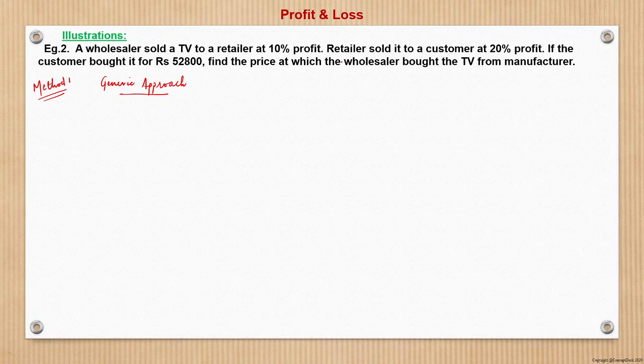So first we should try to understand the chain of production, or the events which happen. Anything is manufactured at the manufacturer end, then the manufacturer sells to a wholesaler.